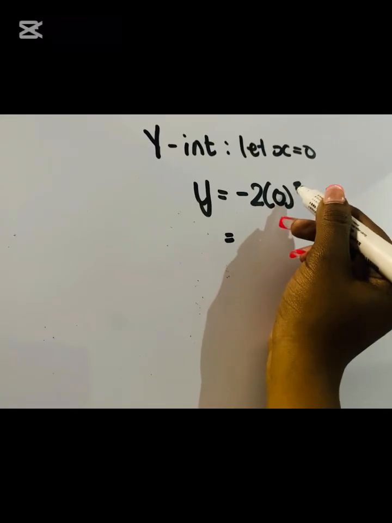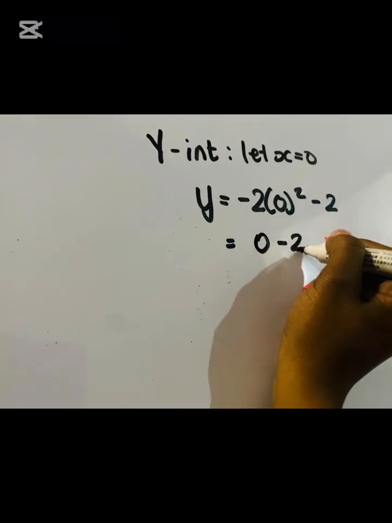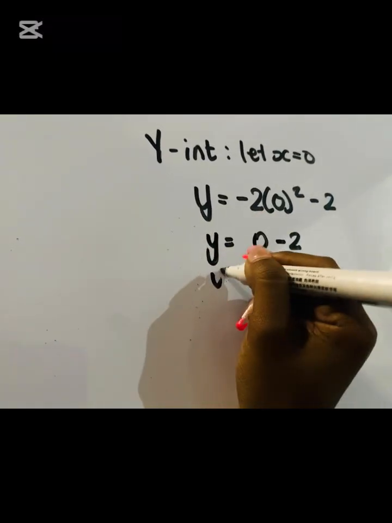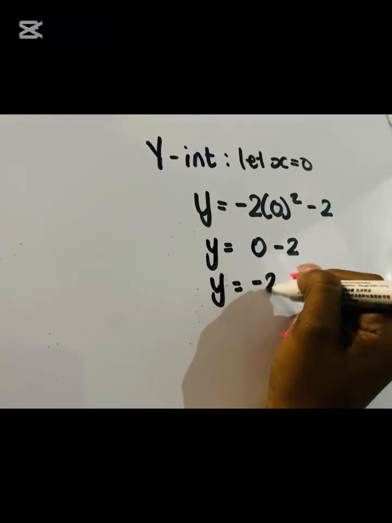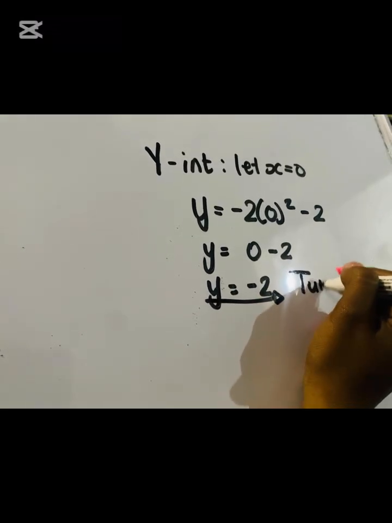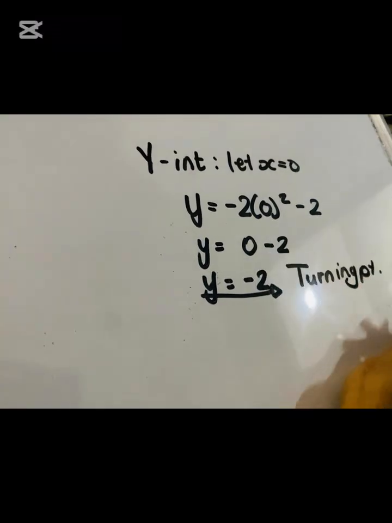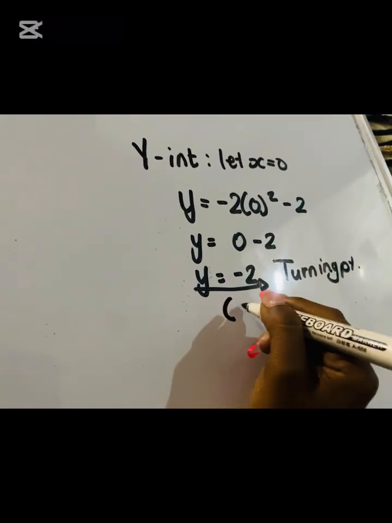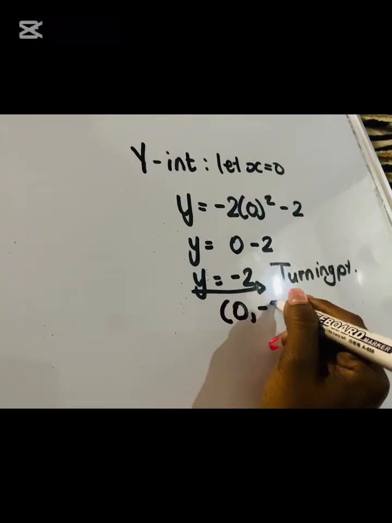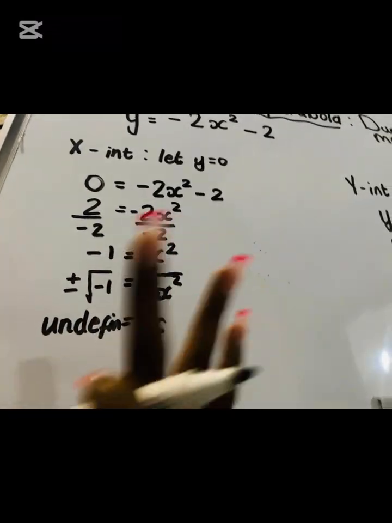If we square 0, it's still 0, multiplied by that, which is 0, minus 2. So y is equal to negative 2. So this is our turning point. Yes, this is our turning point, right? And it's in the form of (0, negative 2). So this is the only valid point that we have, and the x-intercept is undefined.